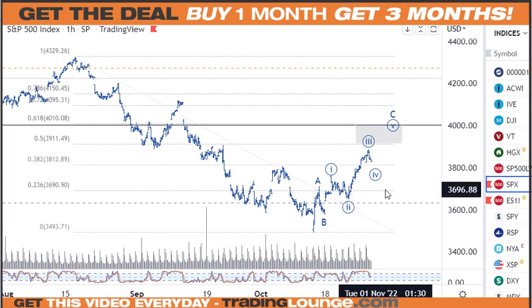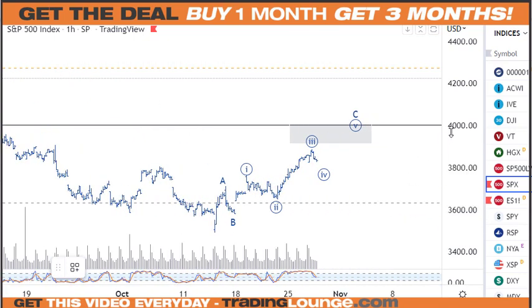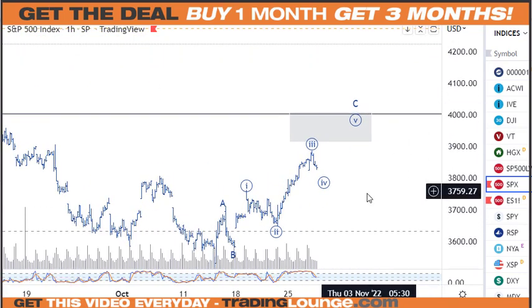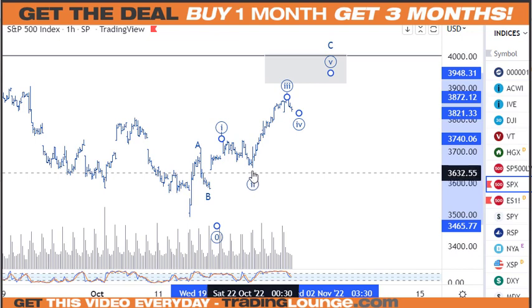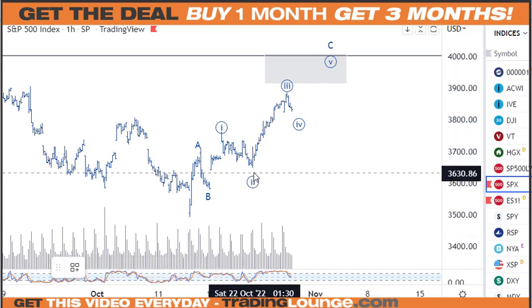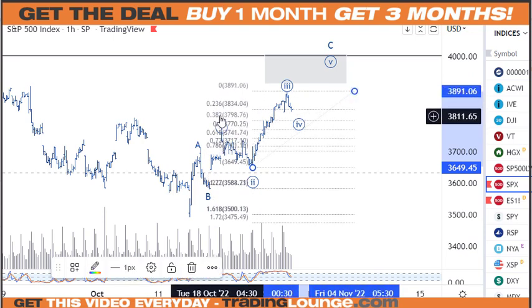Don't need this one now. Remove that. Grab another one. We don't need to work in such a small space. So just taking this low here and this high here, that gives us that 38.2%.